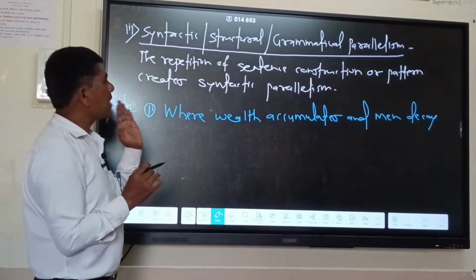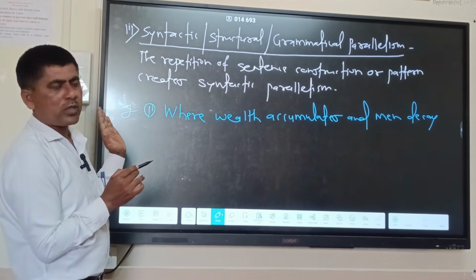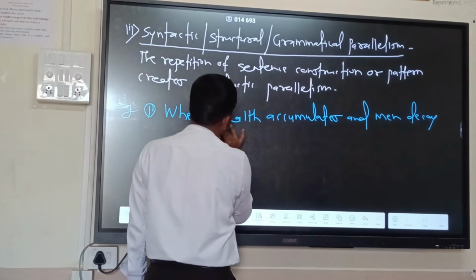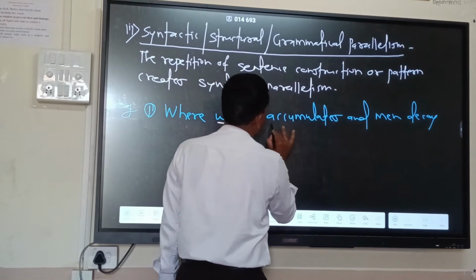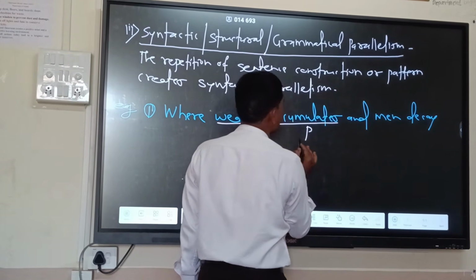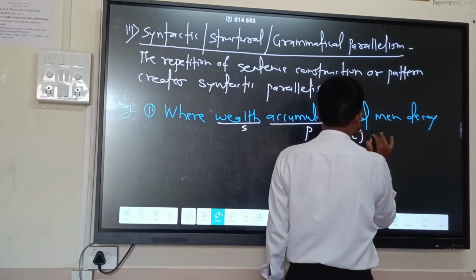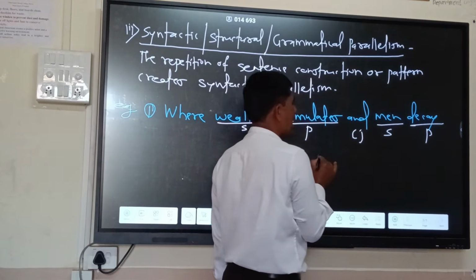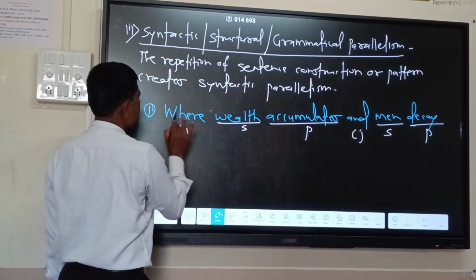So here we know that some kind of construction is followed. Where is a conjunction, wealth is the subject, accumulates is the predicate; again and is a conjunction, men is the subject and decay is the predicate.